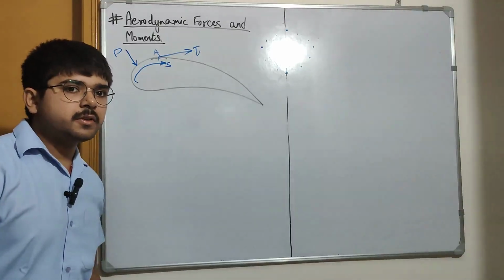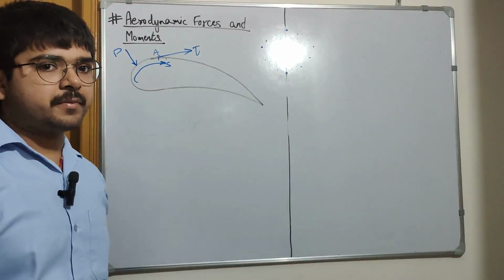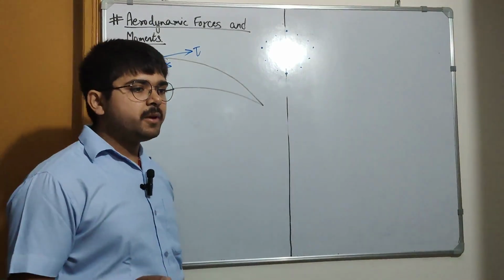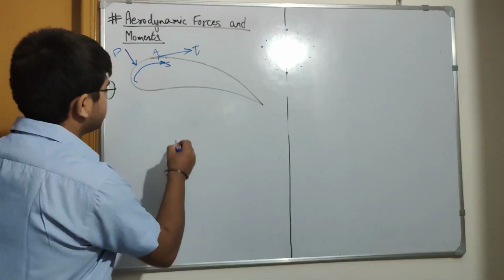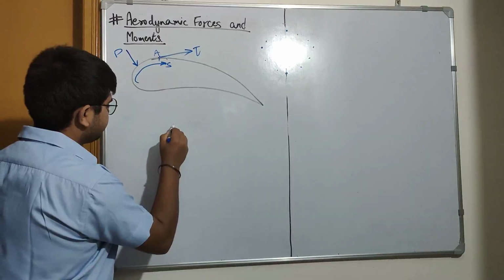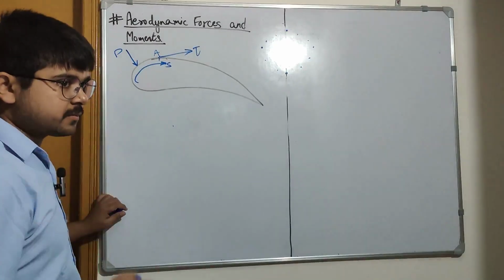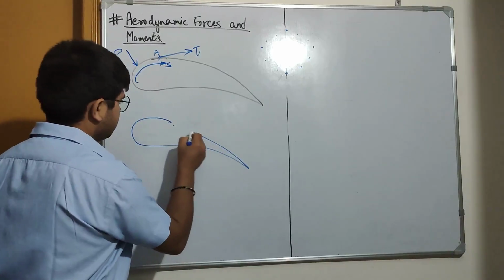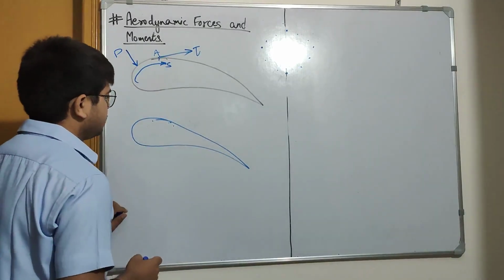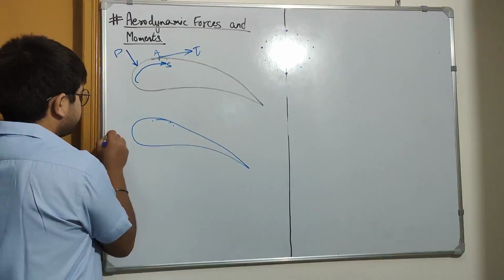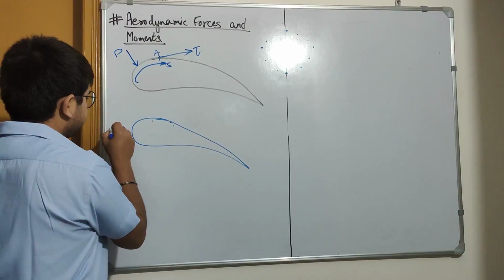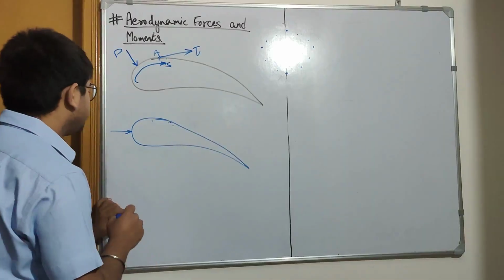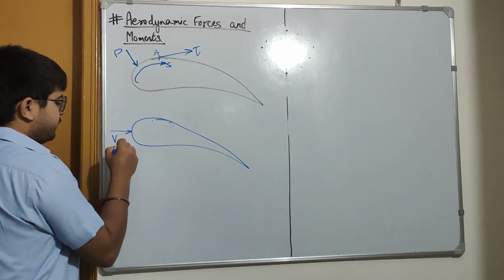Now coming to the real flow that will be happening over an airfoil. So we have an airfoil like this. Then we have some free stream velocity coming here, V infinite.